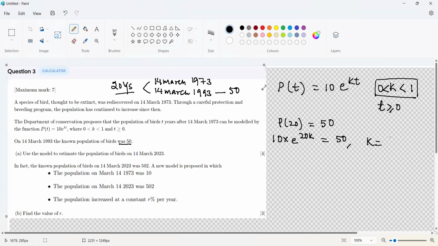Using the solver, we are getting the k value 0.08047.